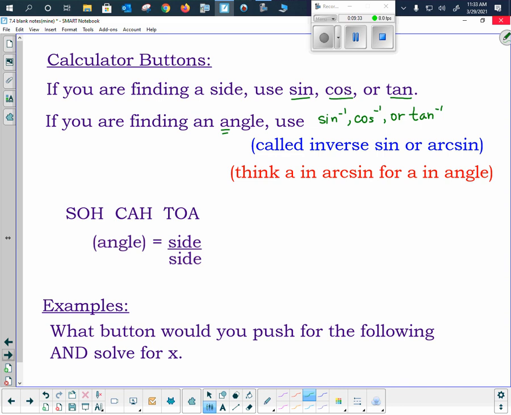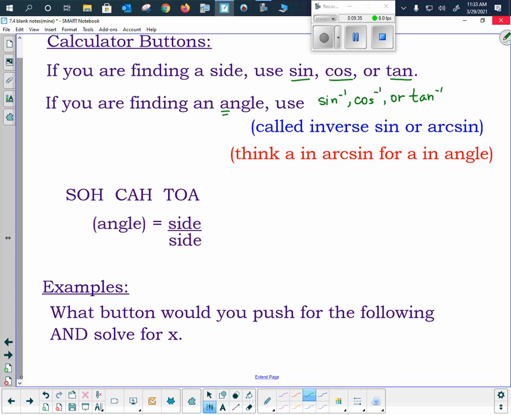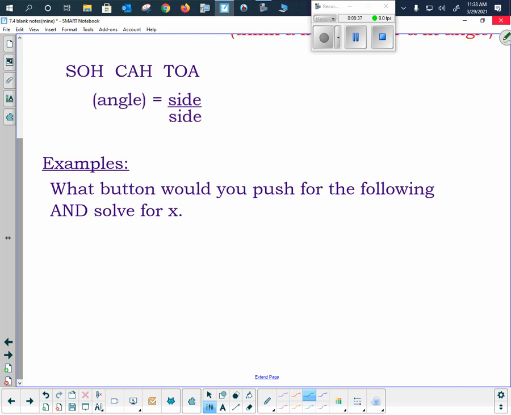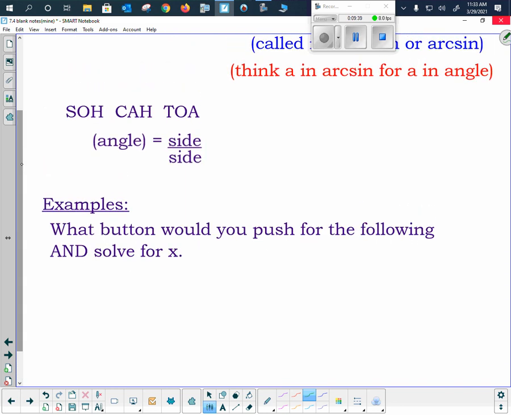All right, now SOHCAHTOA, you've got these memorized, some sort of mnemonic for yourself. And the thing to remember, guys, SOHCAHTOA stands for sine, cosine, or tangent, right? Remember, it's sine, cosine, or tangent of an angle equals a side over a side. That's going to be super important. Okay, so remember that. That's going to help you a lot when you're going through problems.